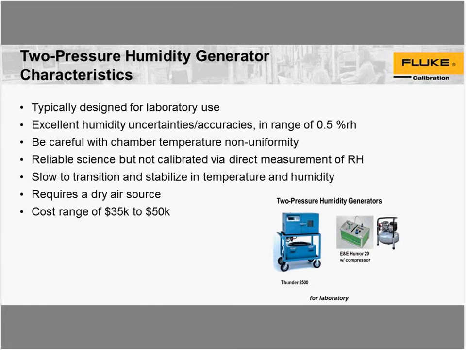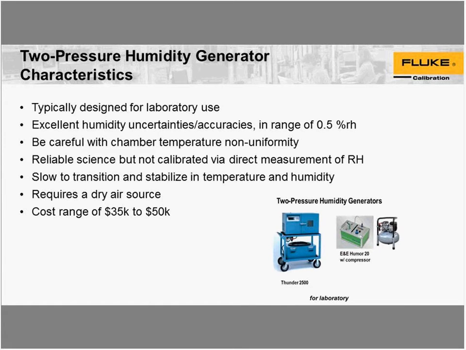Consider the temperature non-uniformity of the measurement chamber, so make sure that you know what's happening in the chamber, and that you map the chamber temperature sensors to know what the uniformity is.